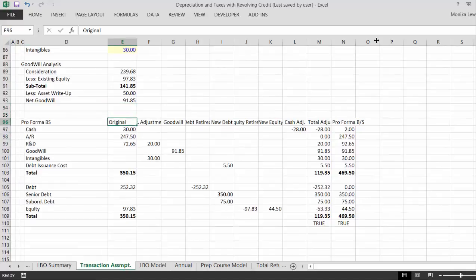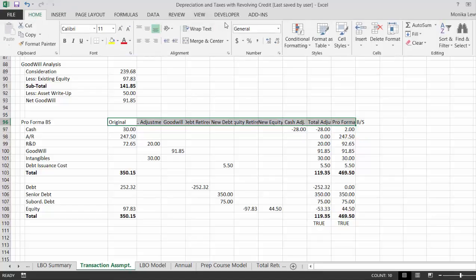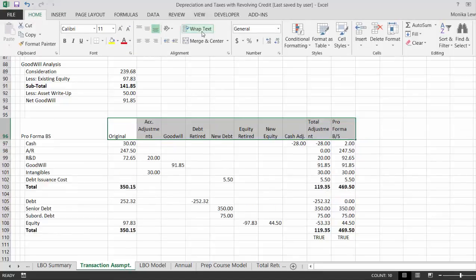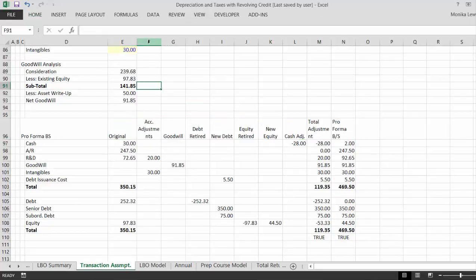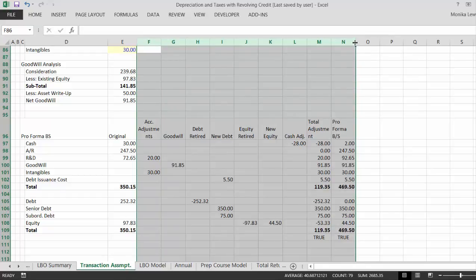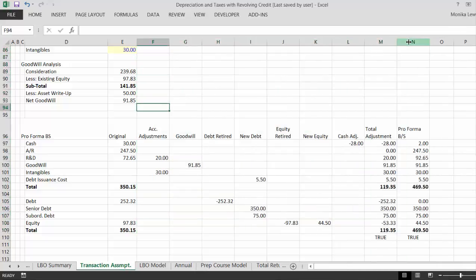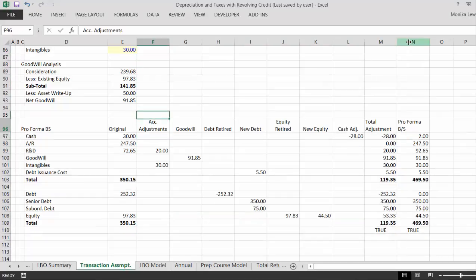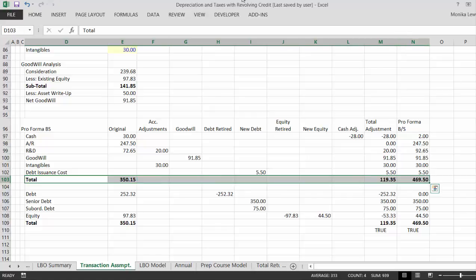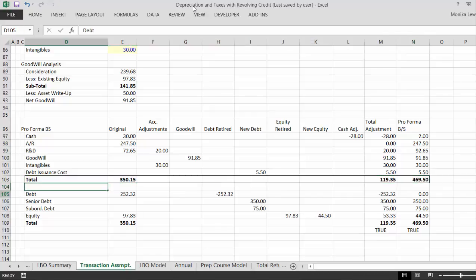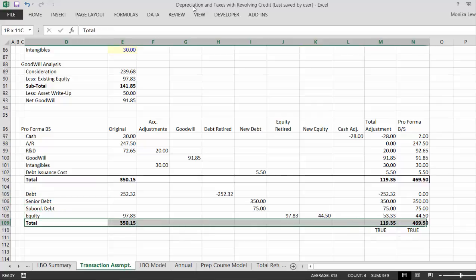Okay, so this is what we're going to use in our other model.